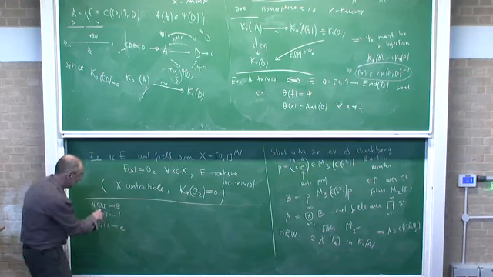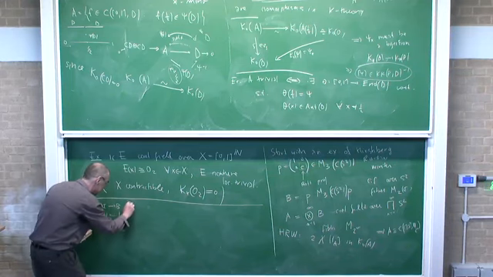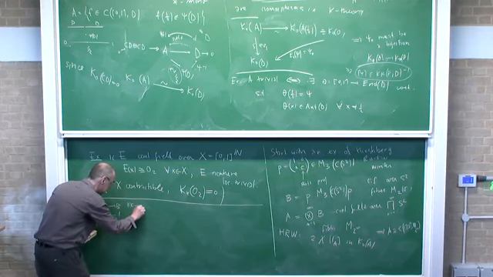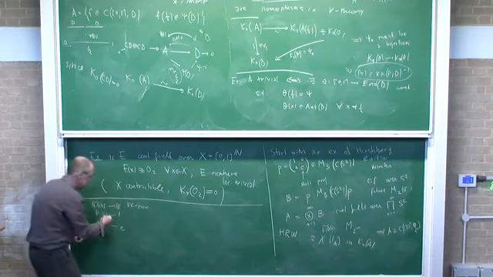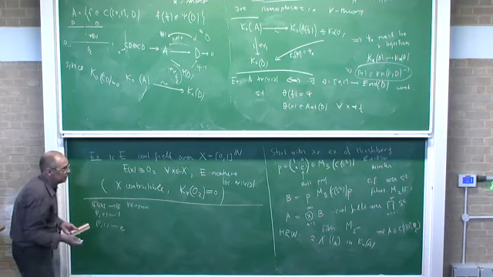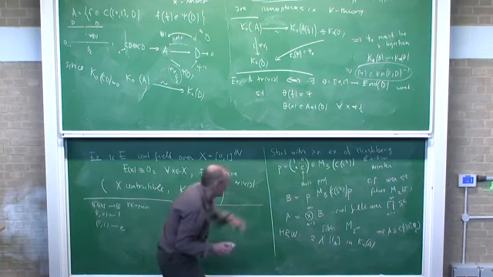It turns out that this map is a KK equivalence. It's a bijection on K-theory, and we know the K-theory of the sphere, everything.